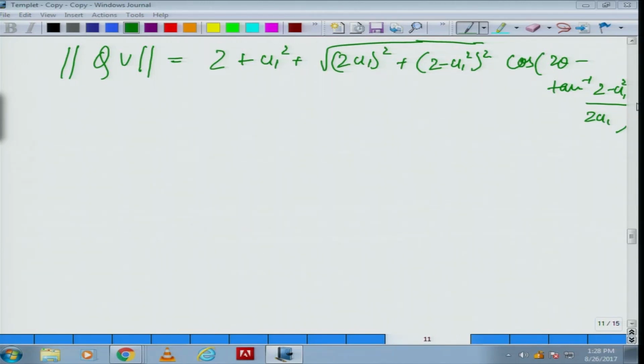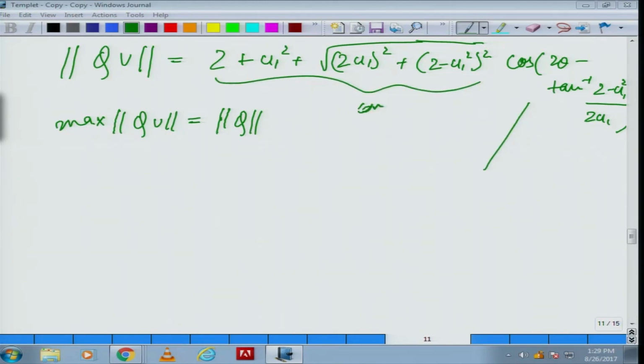Now we need to find the maximum of QV, which gives us the norm of Q. This is constant, and the maximum of cos is equal to 1.